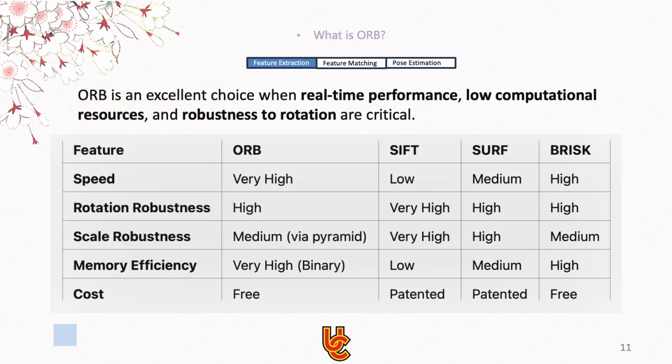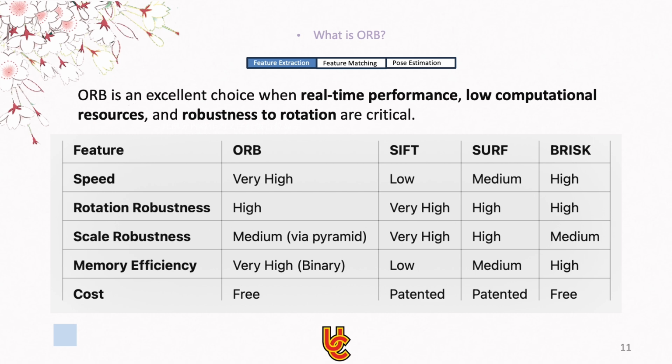So what's ORB? ORB is another method for feature extraction and description. It's an excellent choice when you want real-time performance, low computational resources, and robustness to rotation. Actually, these features are very critical for SLAM, because when you do SLAM, you want to achieve real-time data processing for real-time navigation.